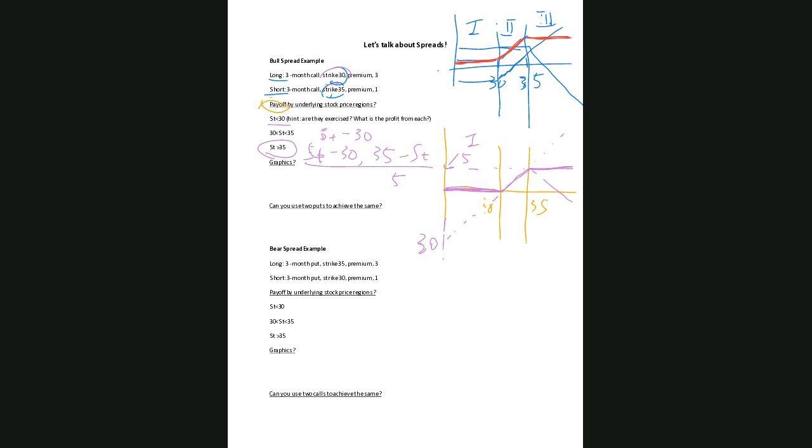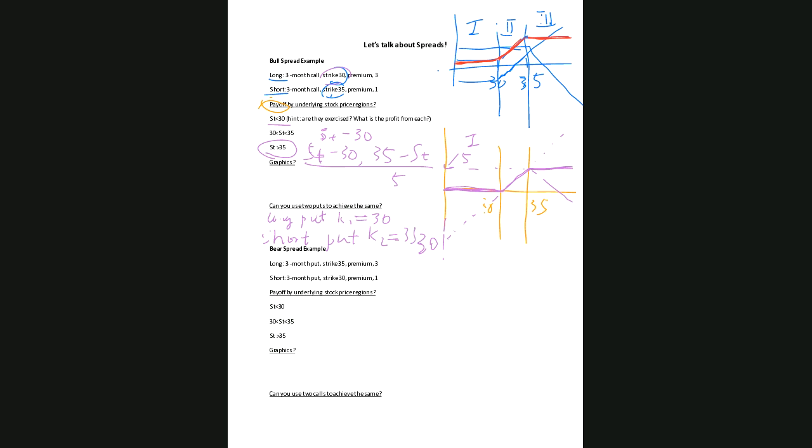Well, you can say that I'm going to long the put with the low strike K1 equal to 30, and short the put with the high strike K2 equal to 35.